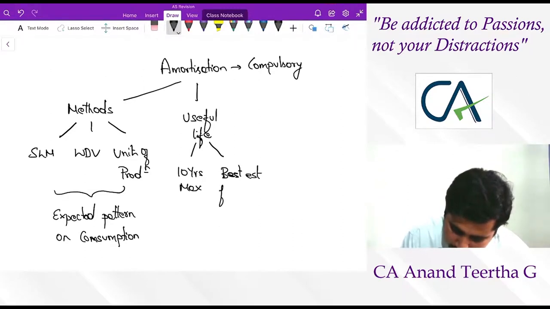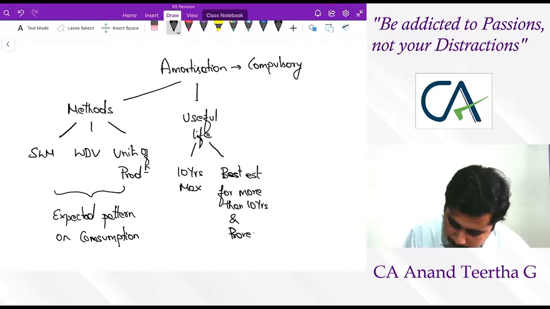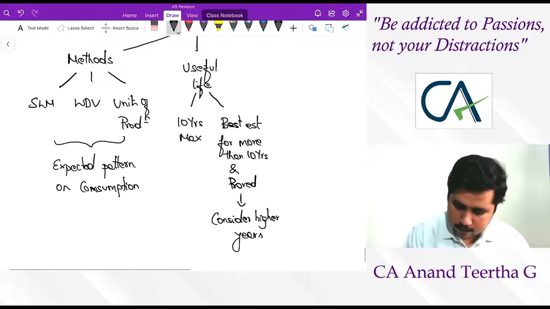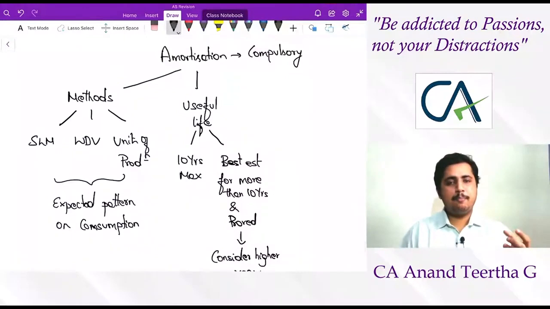for more than 10 years and it could be proved, then consider higher years. For example, there is a patent.